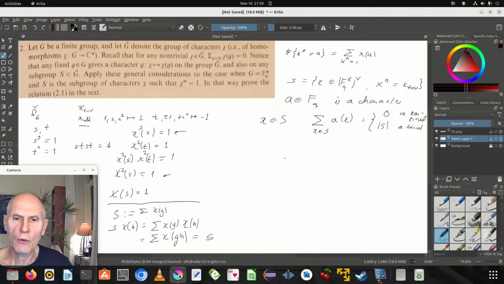And if it's trivial, that means that chi of A equals unity for all A element in S.